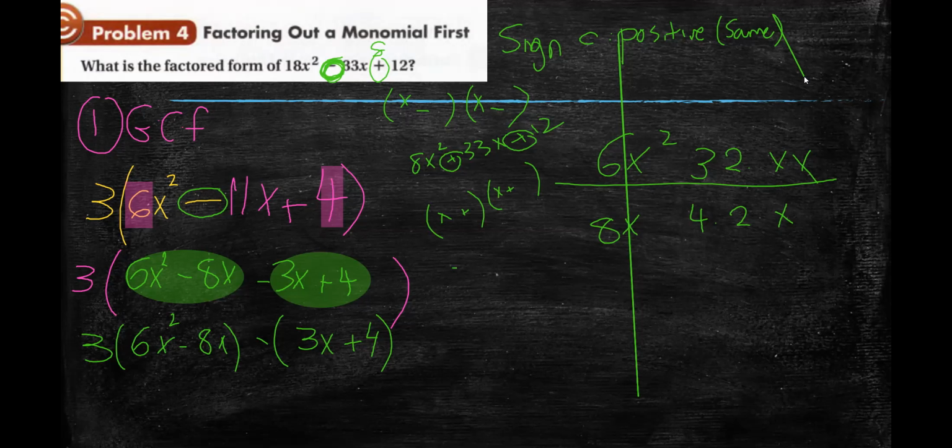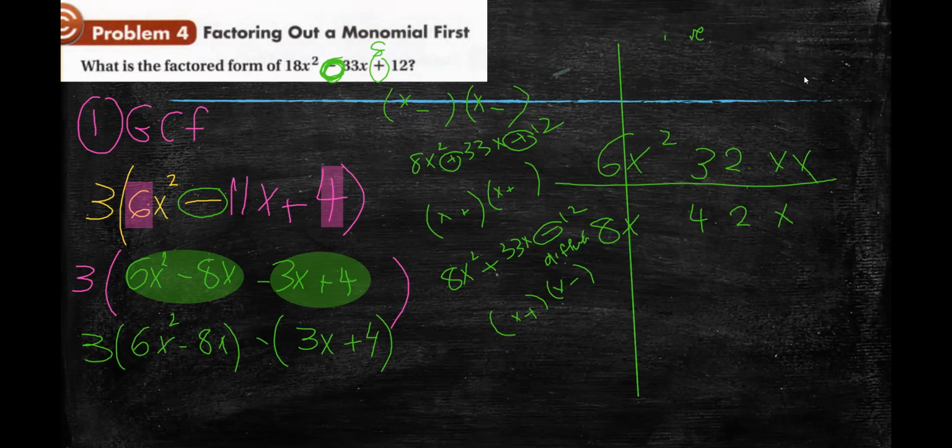But if the sign of C is negative, that means we have different signs. One is positive and the other is negative. Okay. Is it clear now? Yes, miss. Thank you.